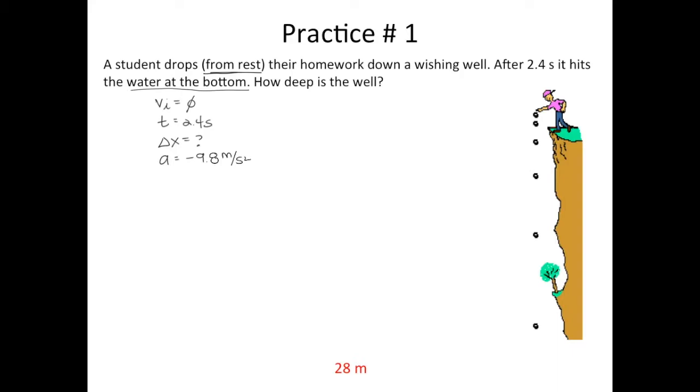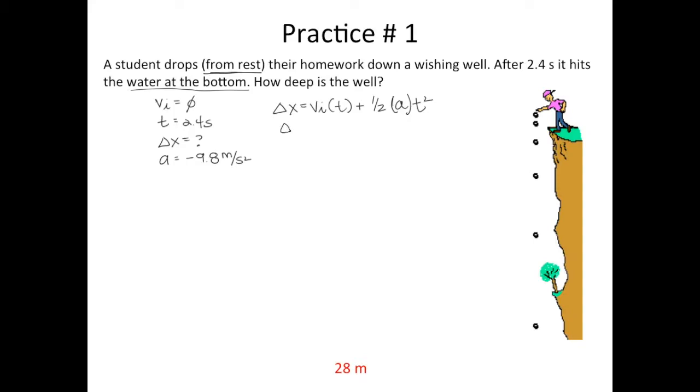That equation is delta x equals v initial times t plus 1/2 a t squared. Okay, so now we're going to plug into this equation.